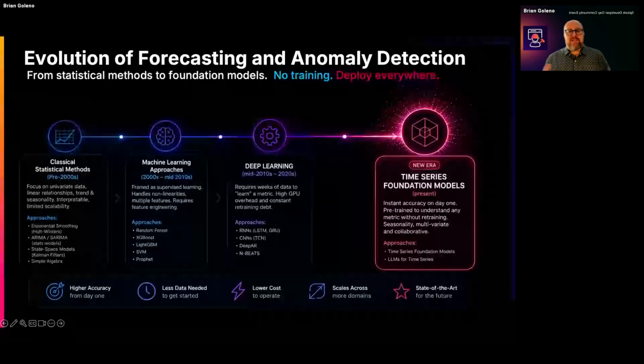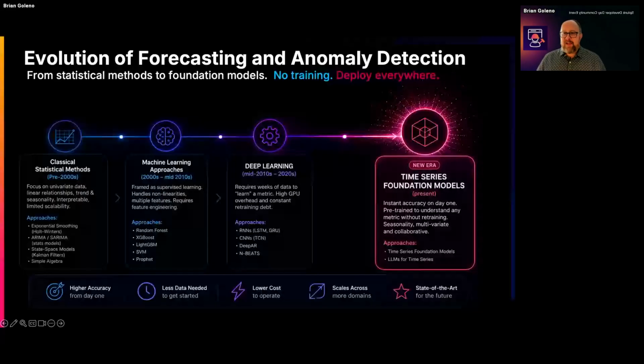Now that's what takes us to today, the start of this new phase, this new era. A new wave of generative AI capabilities for time series metrics called time series foundation models, aka TSFMs, because we love acronyms, is positioned to change the observability game.